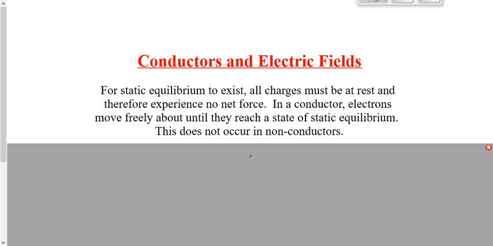When electrons push each other away from each other, you get a buildup of electrons on or in this conductor. These electrons are going to push each other away. So there's repulsive forces all over the place. They're moving around all over the place. But at some point, they're going to reach a point where the forces balance out, and then they're going to remain at rest. That's static equilibrium.